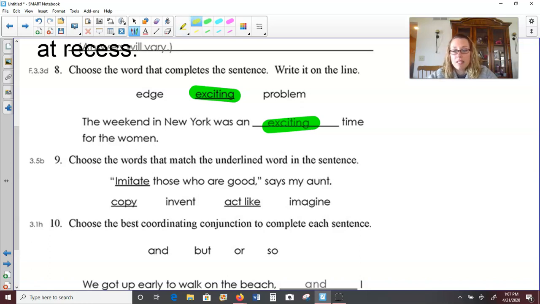So, imitate those who are good, says my aunt. Well, we're choosing the words, which means more than one answer. Imitate those who are good. That means copy those who are good and act like those who are good. When you copy or act like someone, you are imitating them.